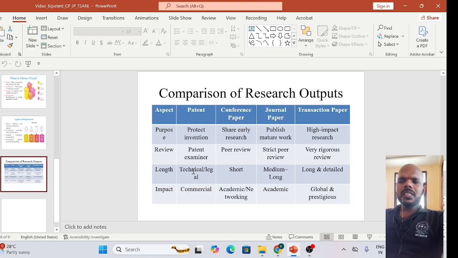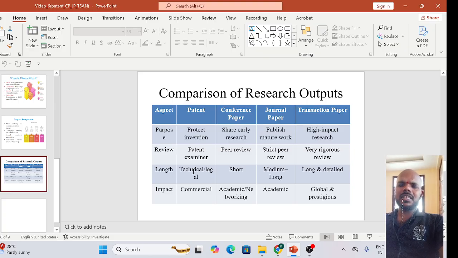Before the smartphone came, if anyone had a smartphone design prototype, that means one design like square shape, folding shape, colors, touch phone, dimensions, like this. It is in an abstract way, it is not at all implemented. That is a patent. Conference means somehow you show the implementation of the smartphone, like the display will be like this, the touch panel will be like this, but not in a complete way. It is a brief view.